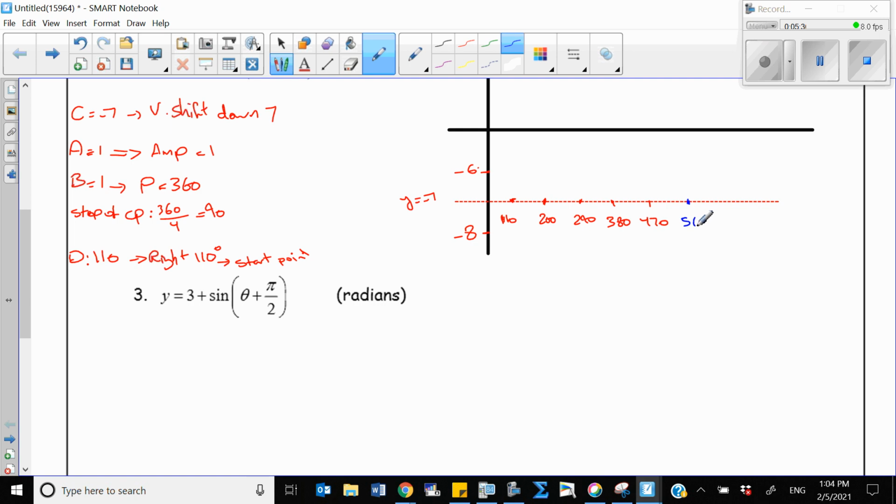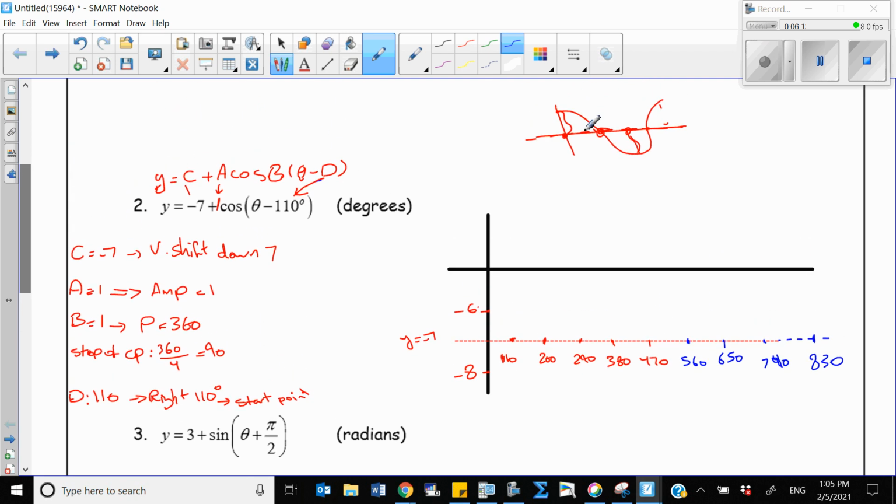So this is 560, plus 90 is 650, plus 90 is 740, and I'm going to add another one here. Plus 90 is 830, and we are done, because this point is going to be a critical point for both of the cycles. It's in common between them.